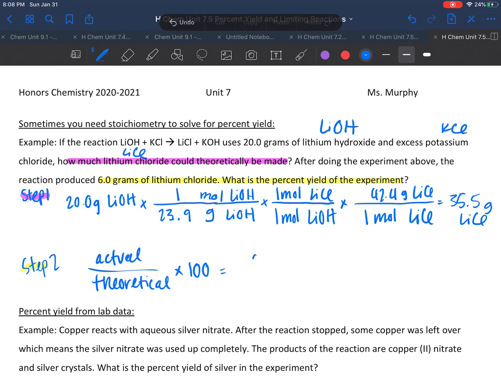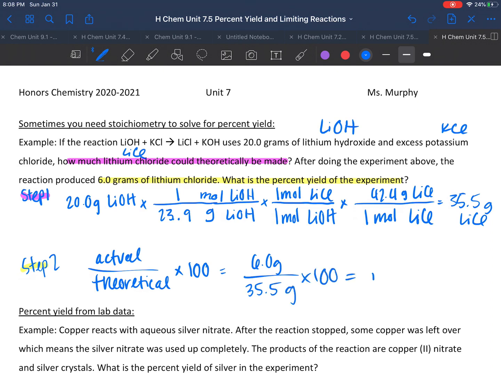Our actual is 6 grams. Our theoretical, we just calculated to be 35.5. And so what you get for your percent yield is 17%. And so how you properly write this is 17% yield of lithium chloride.